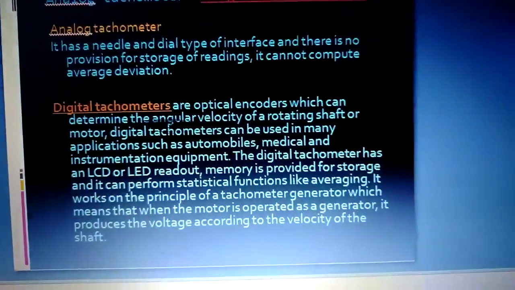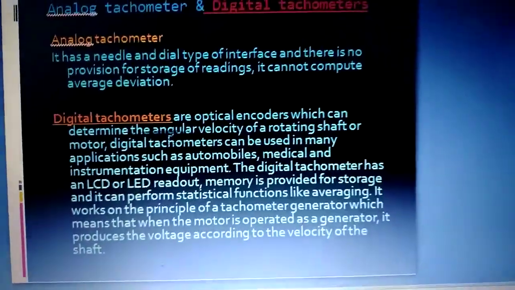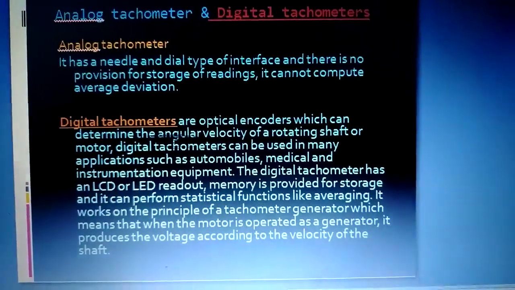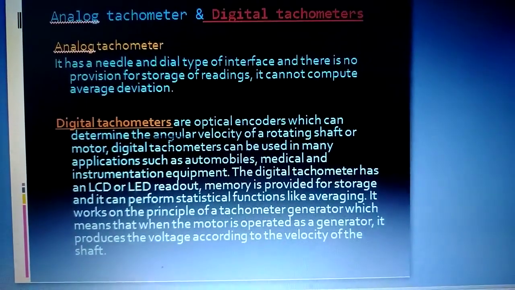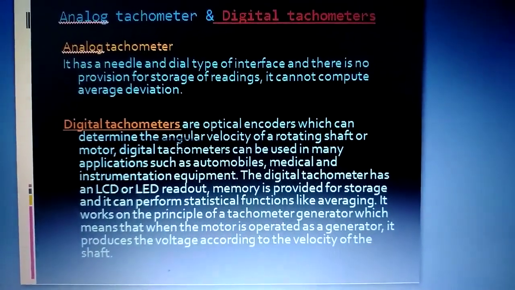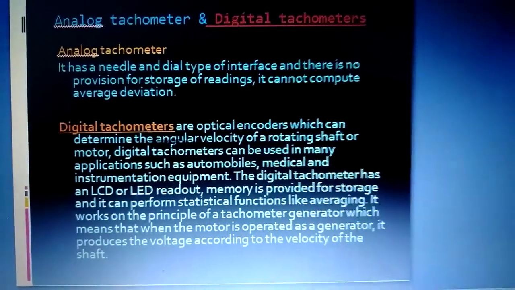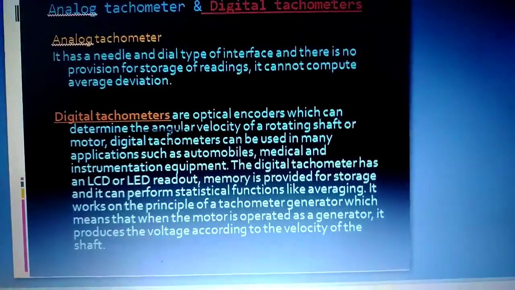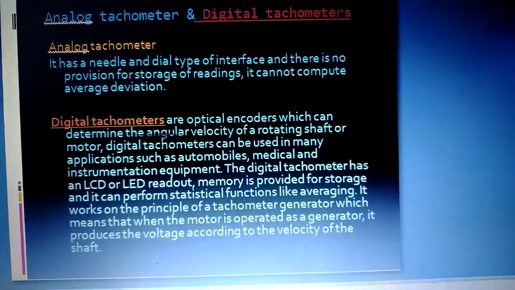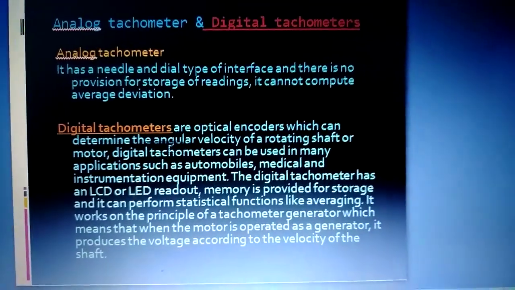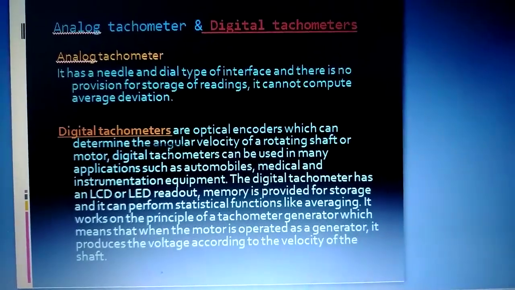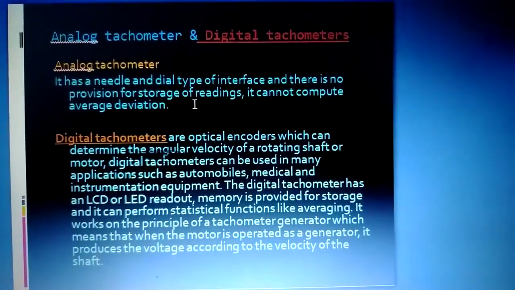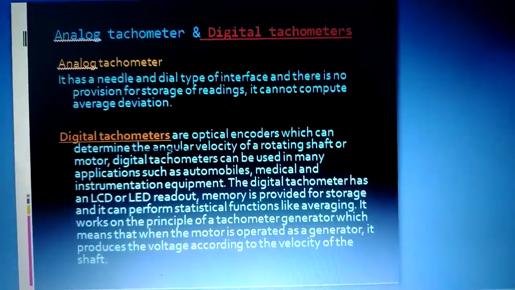Now digital tachometers: these use optical encoders which can determine the angular velocity of a rotating shaft or a motor. The values are displayed using LCD or LED. The RPM always displays on LED or LCD, but the analog tachometer has a continuous scale with a pointer or dial.